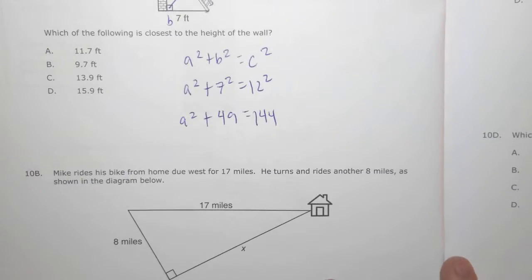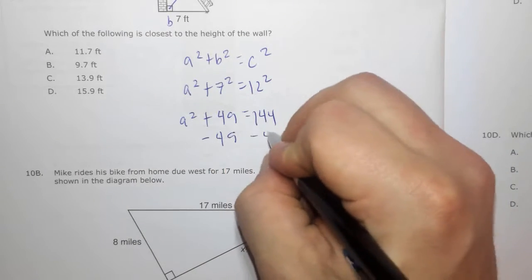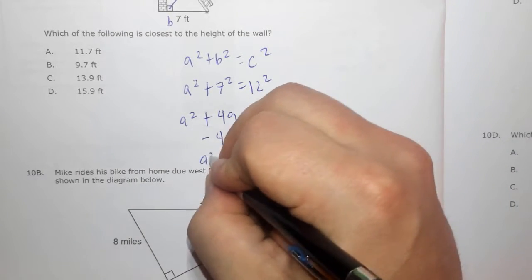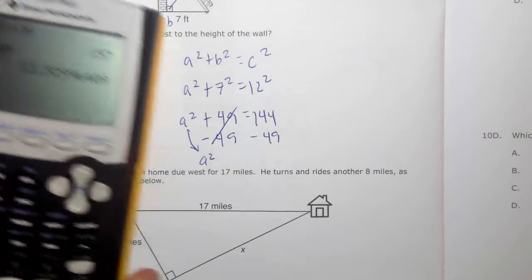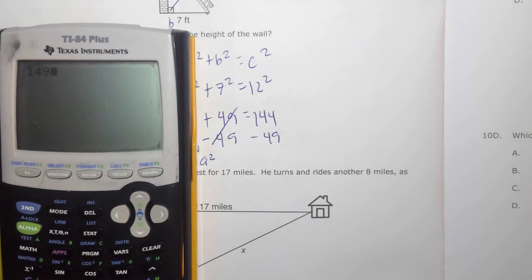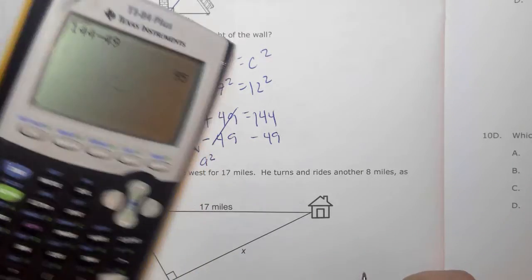Now here's where a lot of students get tripped up. They're like, okay, I got this, but now I don't know what to do. Well, you got to create a zero pair. It's just like we did with equations. I'm going to subtract 49 from both sides. So that cancels. So A squared equals 144 minus 49, which is 95.